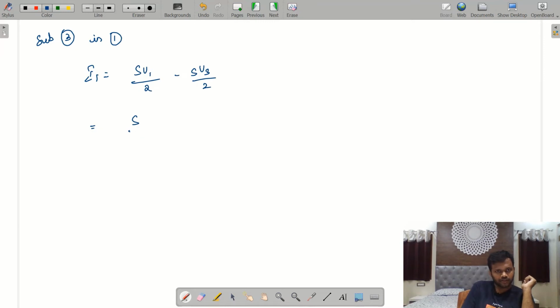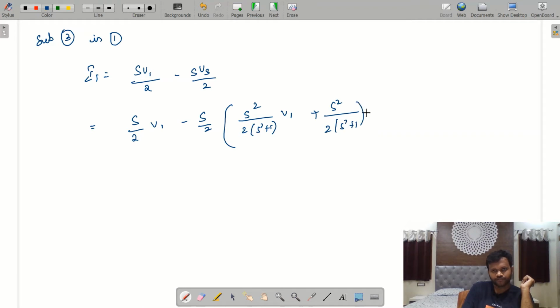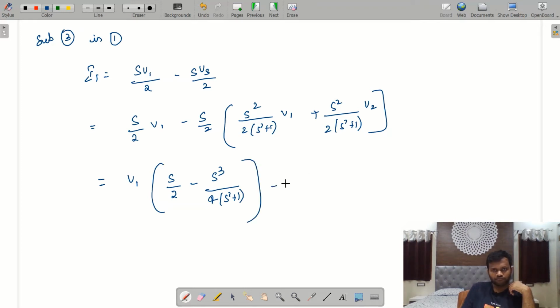Okay, now in place of V1, in place of V3, I will write S square by 2 into S square plus 1 into V1 plus S square by 2 into S square plus 1 into V2. So V1 into S by 2 minus S cube by 4 into S square plus 1 minus S cube by 4 into S square plus 1 into V2.